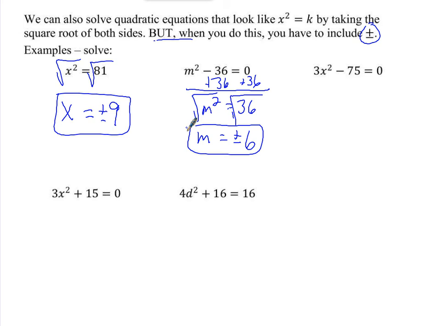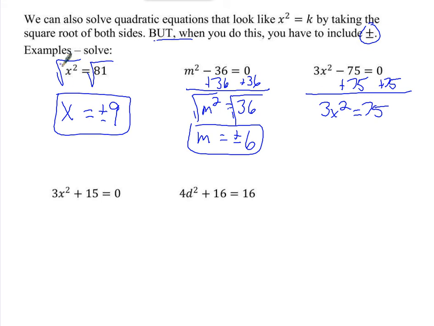So what should we do on the next one? Notice each time we're adding one extra step. So what should we do first? Add the 75 to both sides. Good. So what does that give me? 3x squared equals 75. Now what should we do next? Yeah, you don't want to square root it now. You want to divide by that 3, because over here we had just m squared.